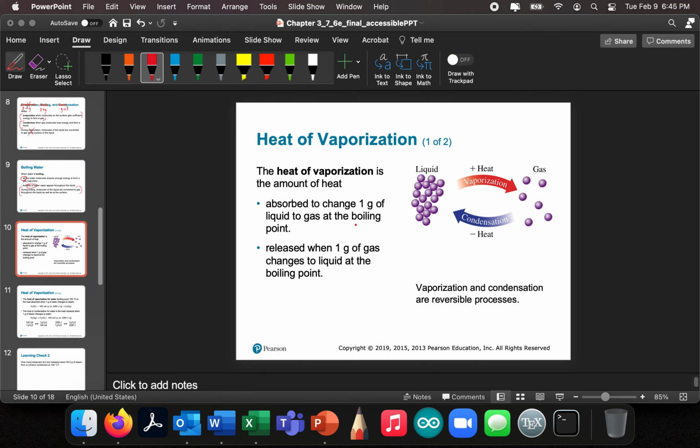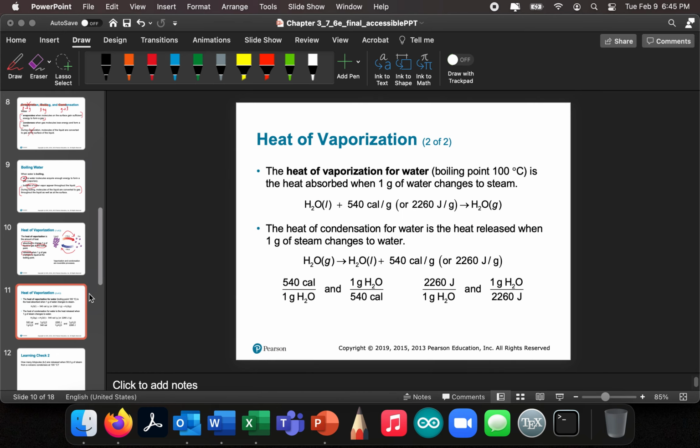All right, so heat of vaporization is just like we had for heat of fusion. That's the heat that it requires to go from a liquid to a gas, and it's the same heat that it requires to go the other way. It's just negative, right? If it condenses, it's going the other way. The water absorbs it when it's boiling, and it releases it when it's condensing. Okay? So heat of vaporization for water is 540 calories per gram, right?